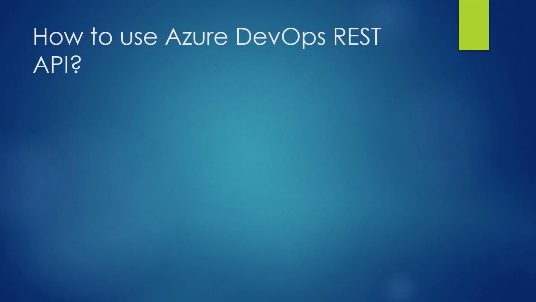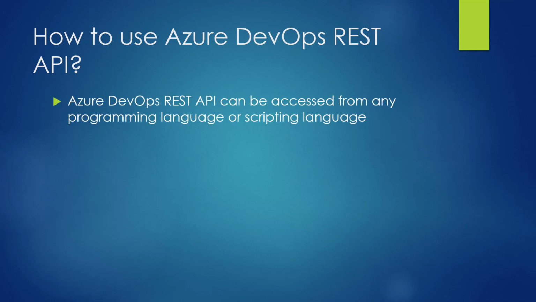Now we have an idea about Azure DevOps REST API. Let's discuss how to work with it. You can use Azure DevOps REST API with any programming language or scripts which has the capability to invoke a REST API. As an example, you can write utilities or create third-party integrations to obtain data and create custom reports.